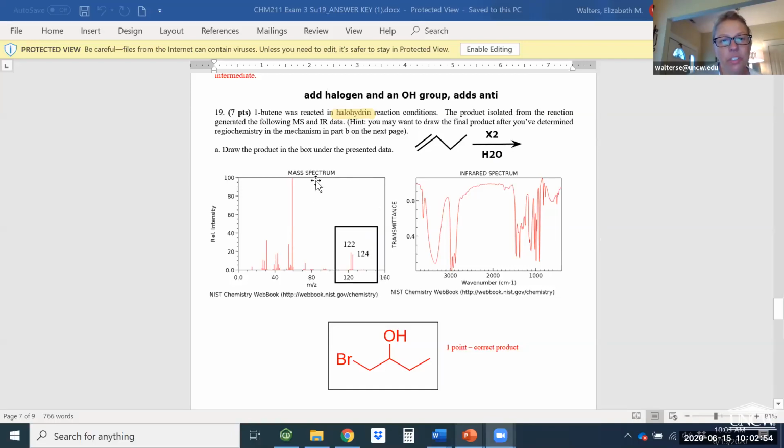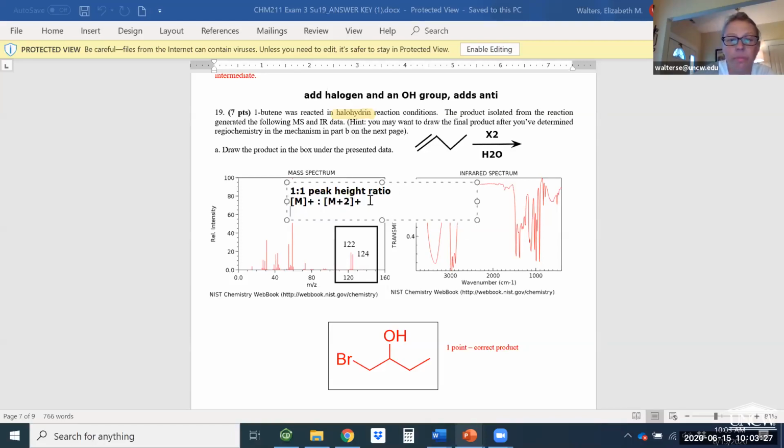So this 1-to-1 peak height ratio from M+ to M+2, I should have these things right. Those aren't electrons in there, that's a ratio sign. And that 1-to-1 means bromine.